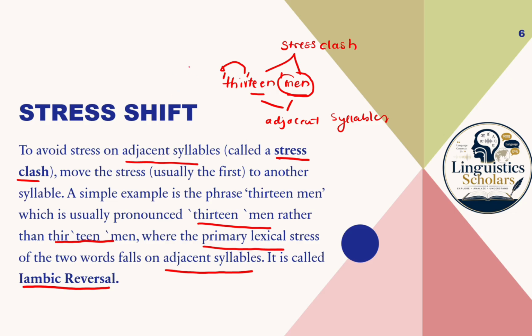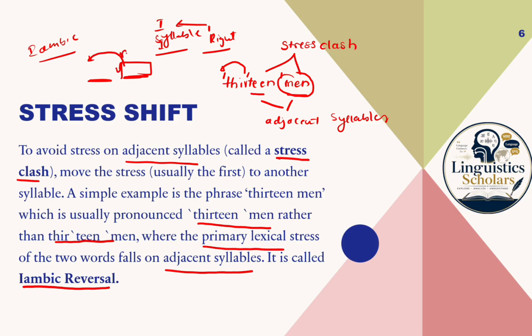Iambic is when the stress falls on the right side of the syllables, but we are moving it to the left side. I was a little confused here. Iambic is when the stress falls on the right side, but we are moving the stress to the left. As a result, it is called iambic reversal.